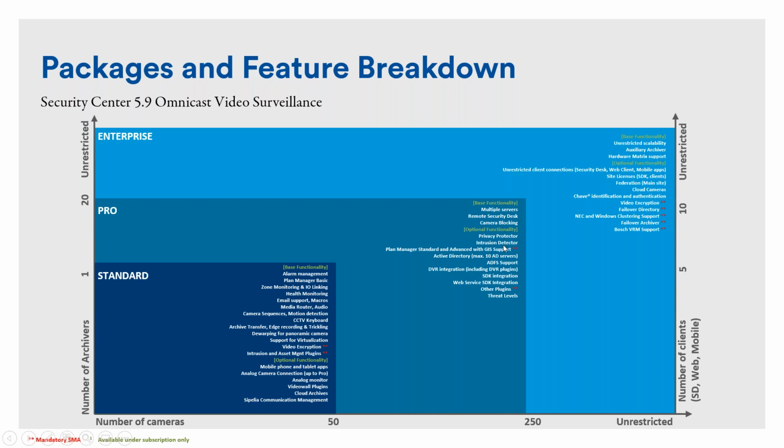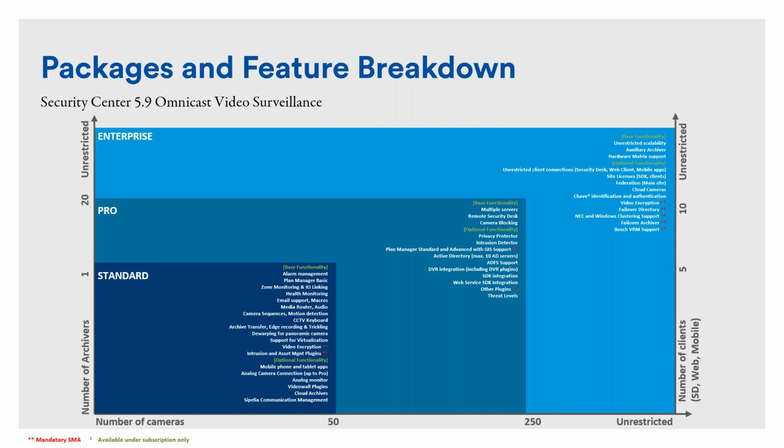Privacy protector, intrusion detector, plan manager standard, other plugins, threat levels. Then if we need to go above 250 cameras or above 10 client connections, you could start getting into the enterprise space. And that's basically unrestricted scalability, and then support for features like federation, which I talked about, and failover.